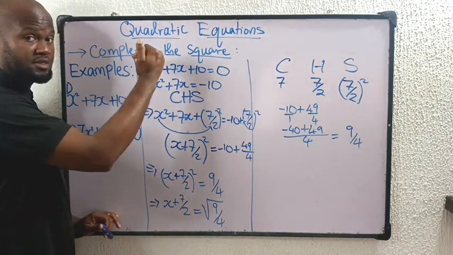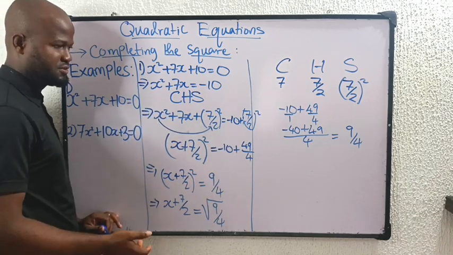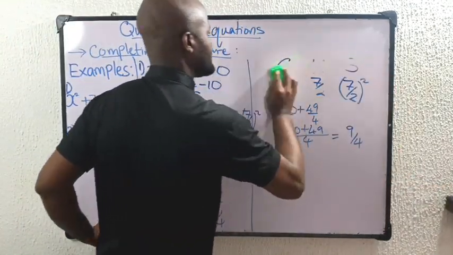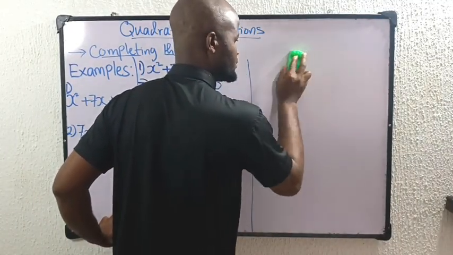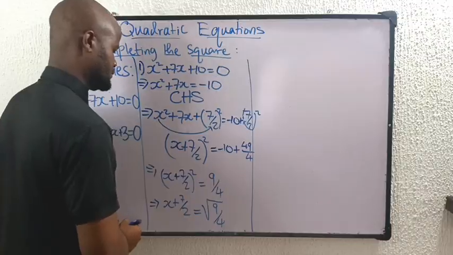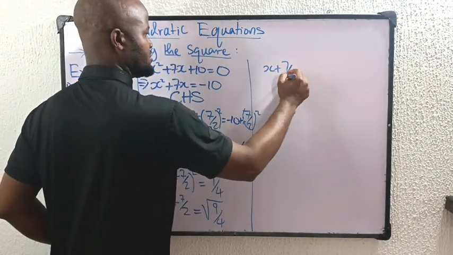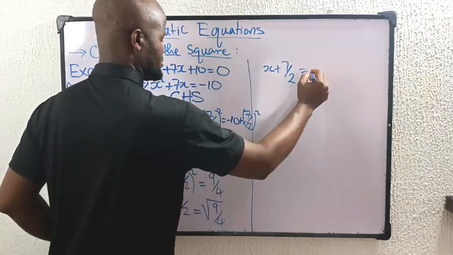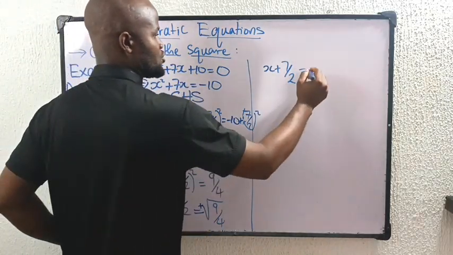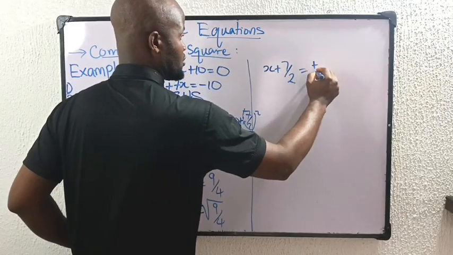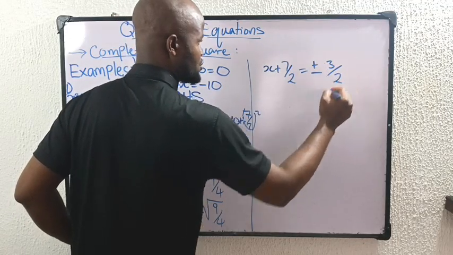So you notice the 3 steps I mentioned, and then the rest of it is just simplification. So x plus 7 over 2 becomes, remember this is a square root, so it's going to carry plus or minus. So it becomes plus or minus the square root of 9 is 3, and the square root of 4 is 2.